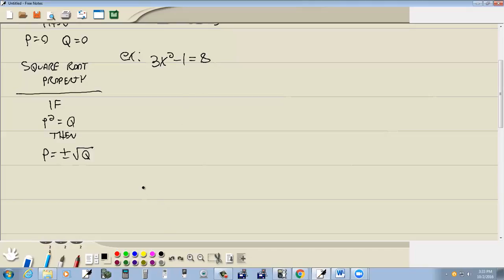Now let's solve this problem using the square root property. Well, this says the entire left side has to be squared. So you can't have anything in front of it, can't have anything after. You just have to have something squared.